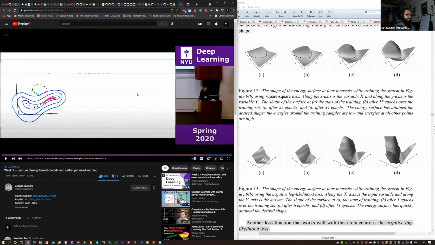This was the intuitive representation of how the actual loss function, the perturbations and all affected the projection and what happened to the loss landscape here.